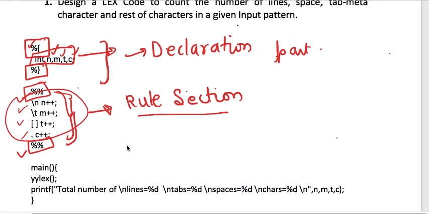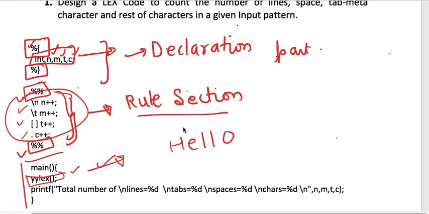Now the last section is the main section. The main method will come here and is also the starting point of the program. Why is yylex there? Because we are writing a lex program, and the main part of lex is tokenization.